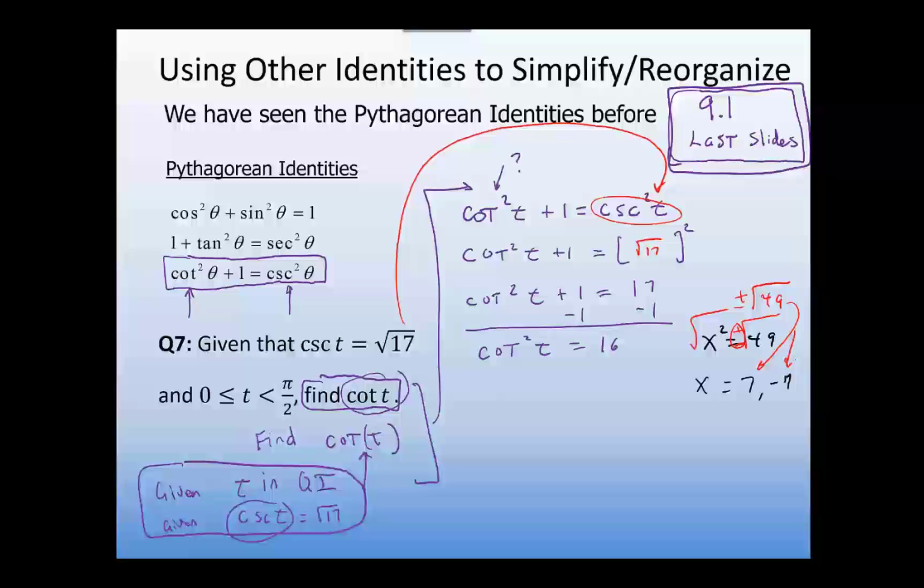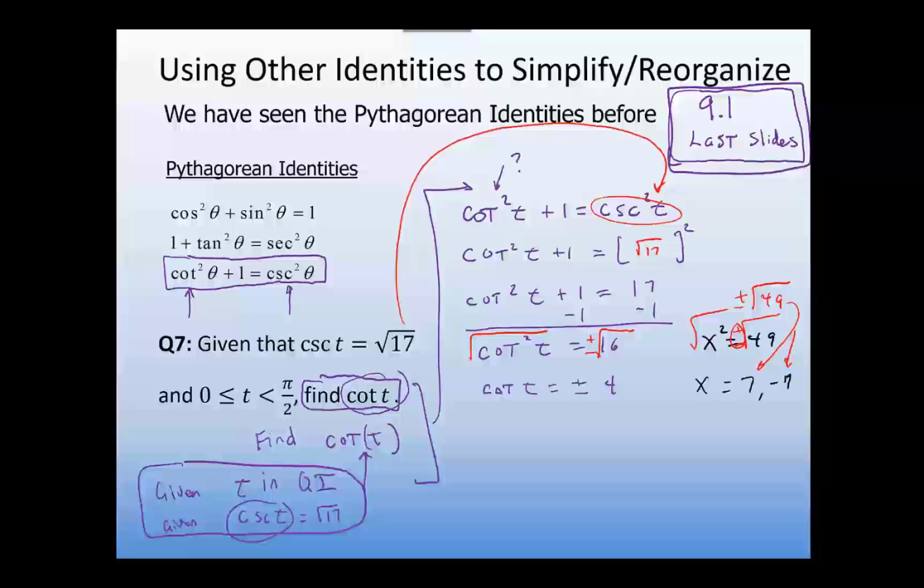Now that is true for us in trigonometry as well. I can take the square root of the cotangent squared to get rid of the second power. And when I take the square root of the other side, I just have to remember there are 2 solutions. So the square root of the second power gives me cotangent of t by itself equals plus or minus 4.